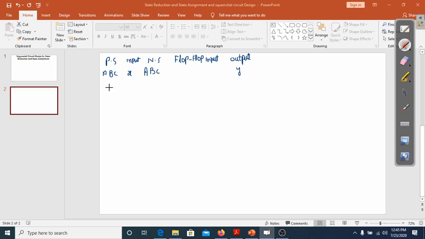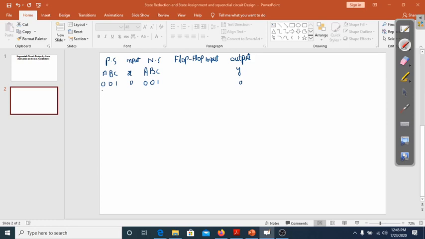So the present state, I will start from 0 0 1. When the input was 0, the next state has no change. The next state will remain at the present state, and the corresponding output was 0.